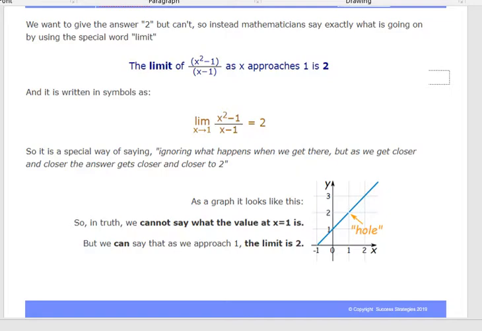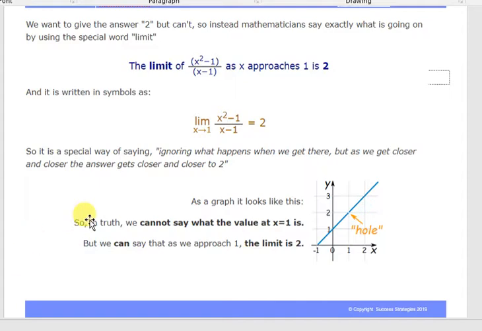Mathematically, with the concepts we have as of now, we are not able to show that the answer will be 2, although when we put in the values we can clearly see that it is giving us 2.